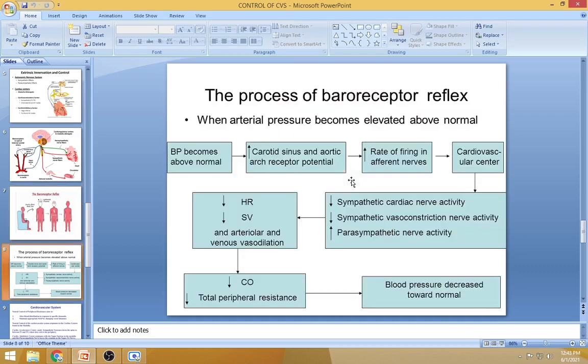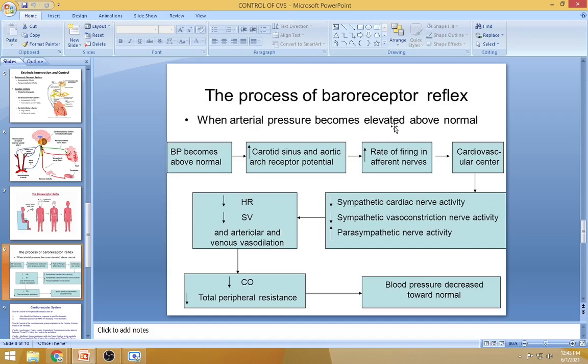So, the process of the baroreceptor reflex. To summarize this, it happens when arterial pressure becomes elevated. The rate of discharge by the baroreceptor reflex can be changed by different pressures.